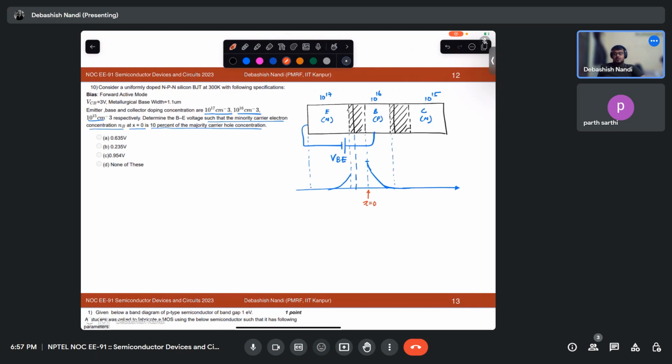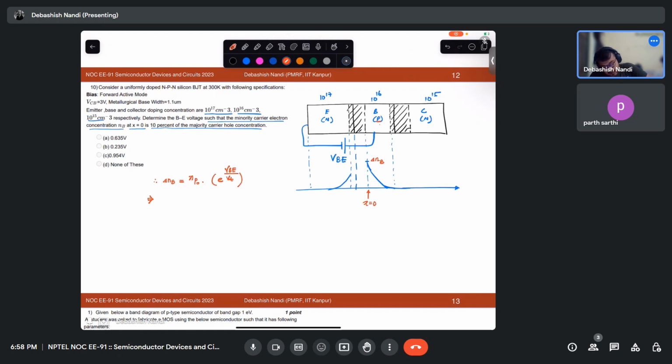So they want us to determine the VBE. So this is your delta N. This is P type, so the minority carrier will be delta NB. So your delta NB is equal to, as it is P type, NP0 times e to the power VBE over VT.